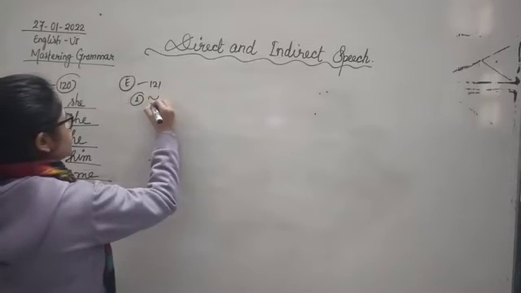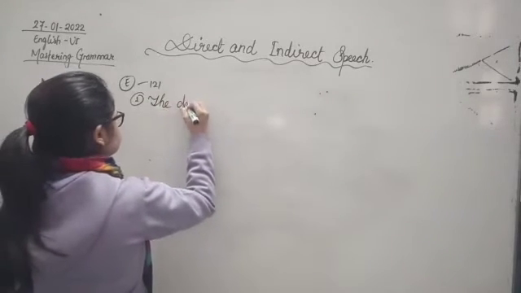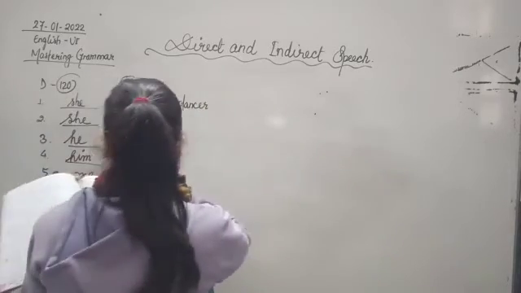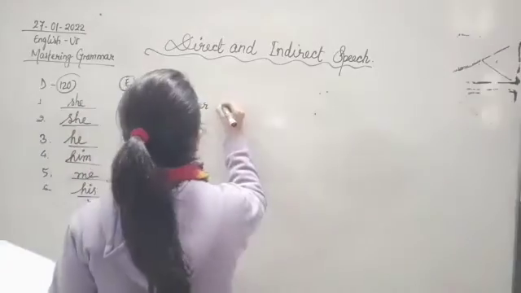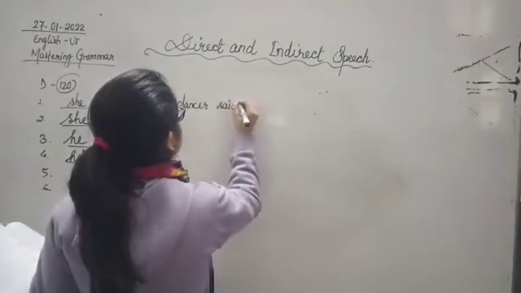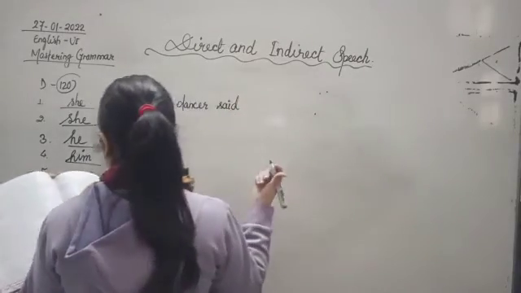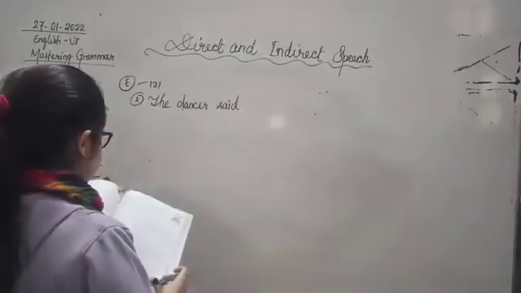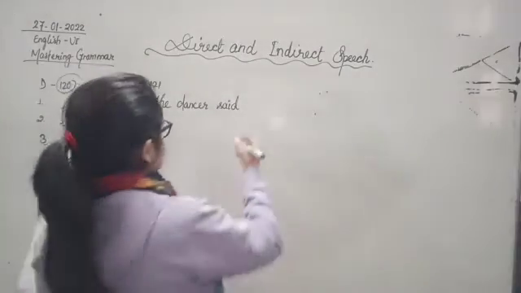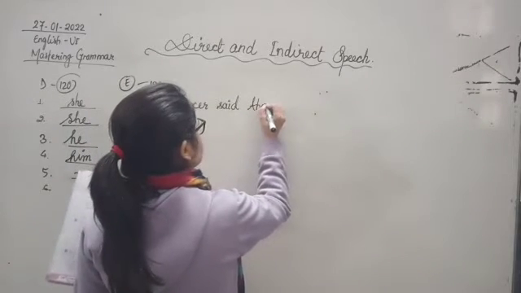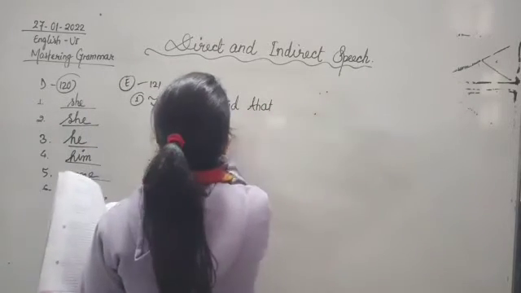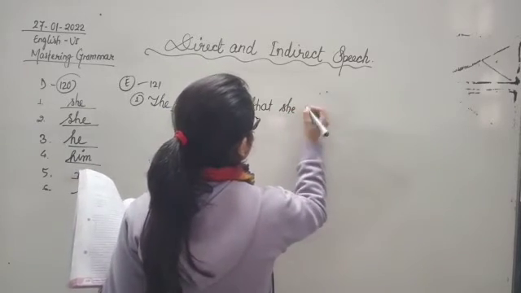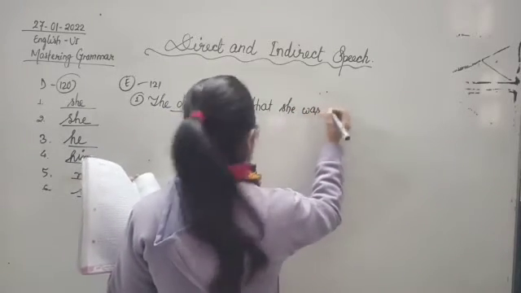So, the dancer said, see, dancer can be male or female, either of them. So we can write he or she. The dancer said that, you can even write he, because dancer is a common noun. The dancer said that she was satisfied.